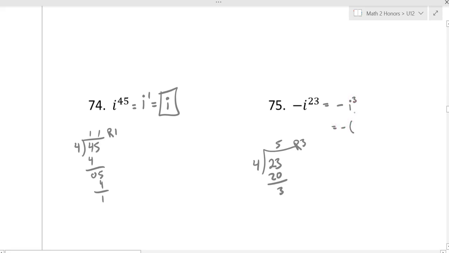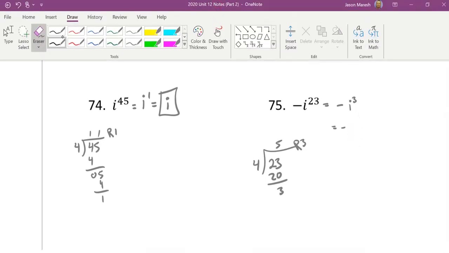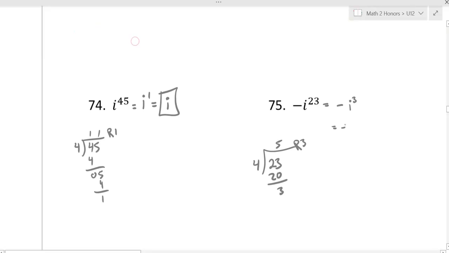If you have trouble remembering what i to the power of 3 is, you can always break it up. So i to the power of 3 is i squared times i to the first. i squared is negative 1, so this would be negative times negative 1 times i, which is just a positive i.